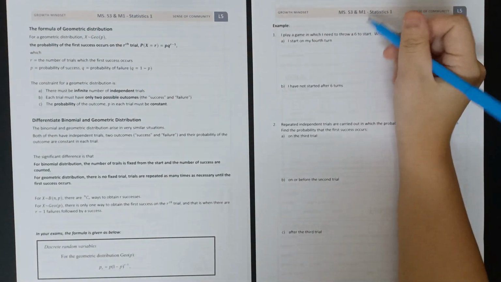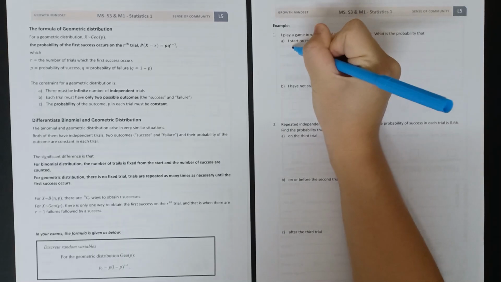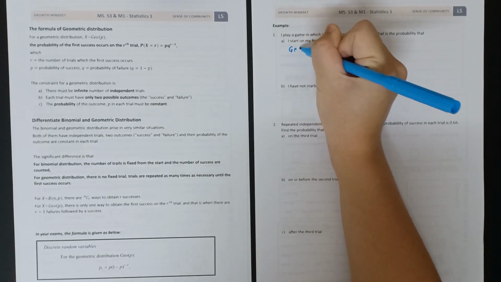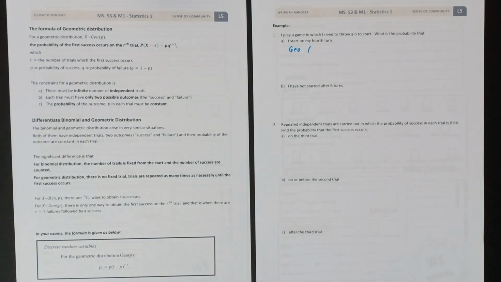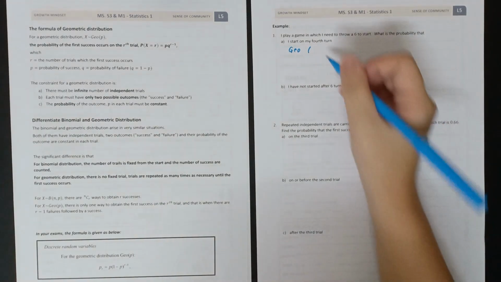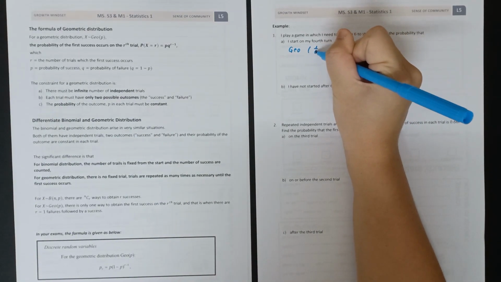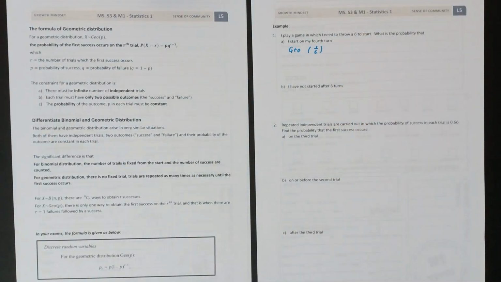So you can write it down first. This is basically a geometric distribution, so what is your p? The probability of success here is 1 over 6. So you have only one parameter. Then, what is the probability for me to start on my fourth turn?